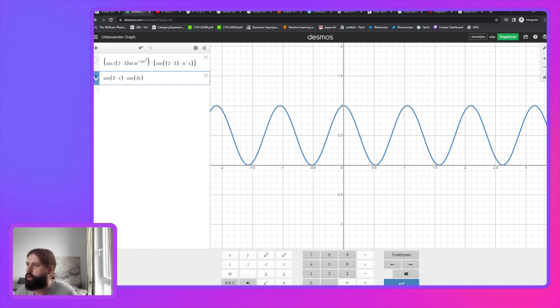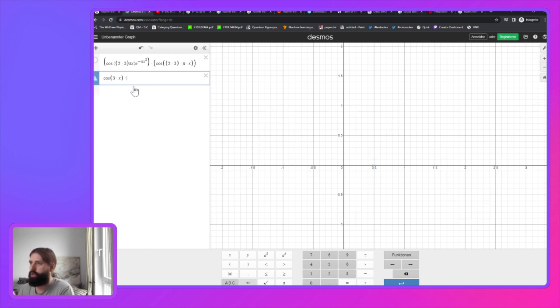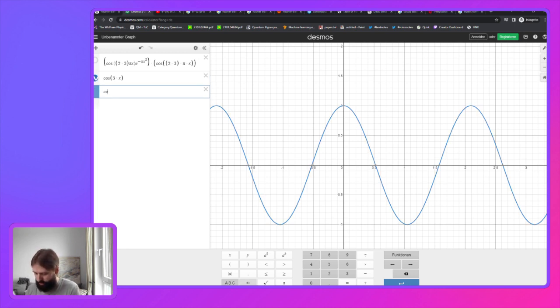If we plot things separately, cosine, and then say cosine of 3x, well, it matches, so this means that the negatives cancel out and become positive.